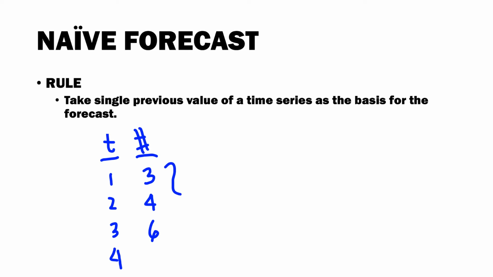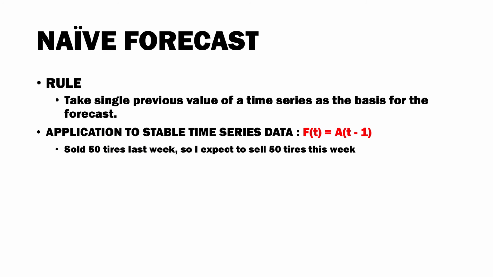So here we have the historical data, and we need to find out, using the naive approach, what is the forecast for time period 4. In this case, taking this rule, we forecast time period 4 to have 6 units sold, because we're taking the previous value and we're saying it's going to be similar to our forecast.